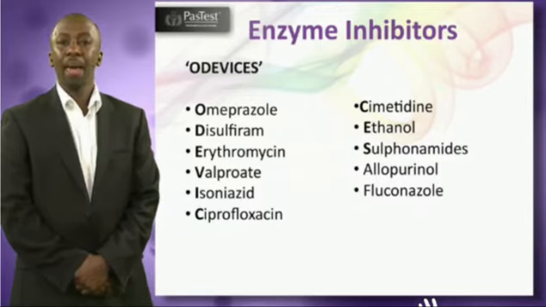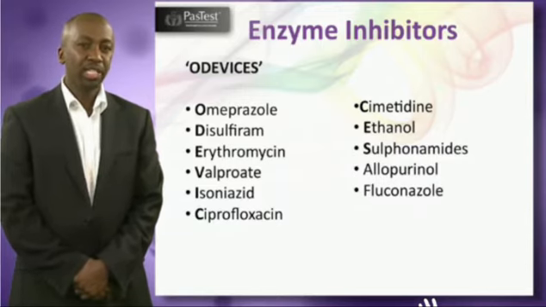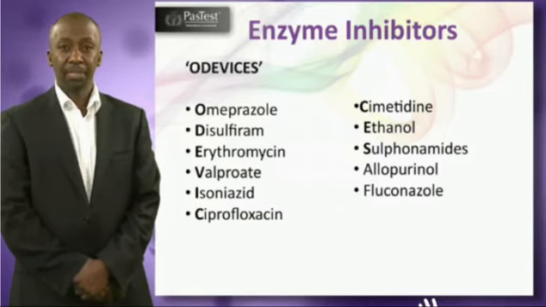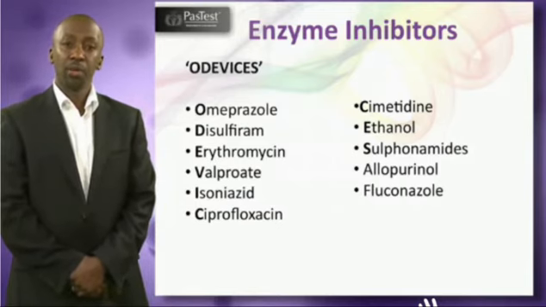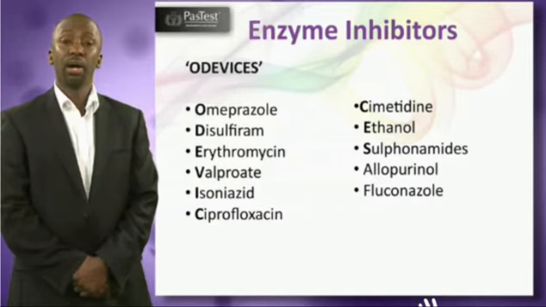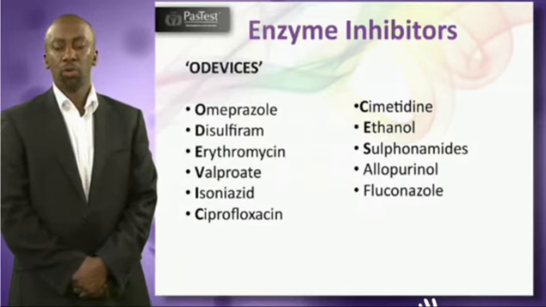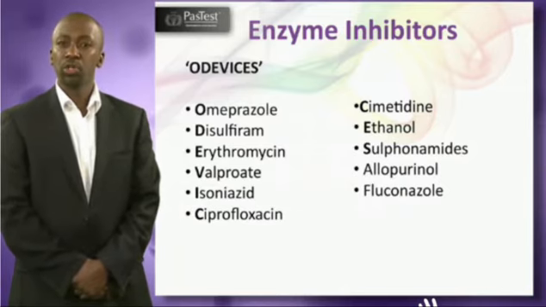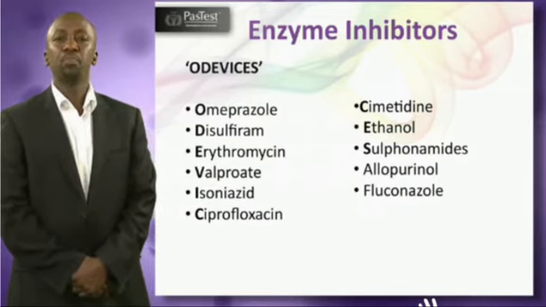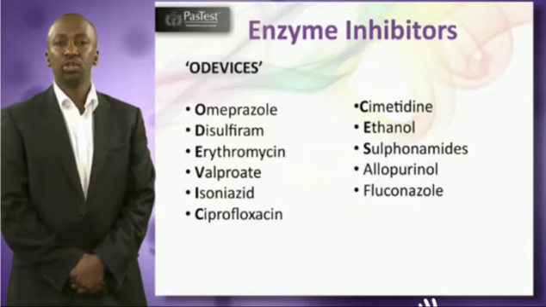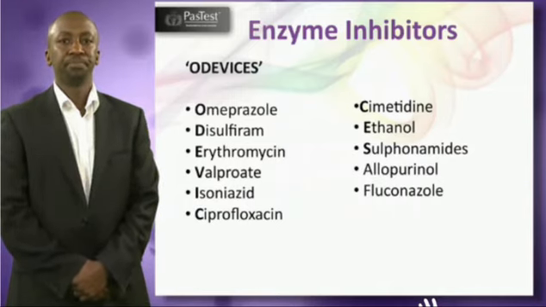Valproate is for epilepsy, and to remind you, not all anti-epileptics are inhibitors, so we have phenobarbital and carbamazepine, which are inducers. Isoniazid is used for the treatment of tuberculosis, and I won't mention the others, just to mention that fluconazole is probably one of our most potent enzyme inhibitors. Ritonavir is an inhibitor that's used in the treatment of HIV.